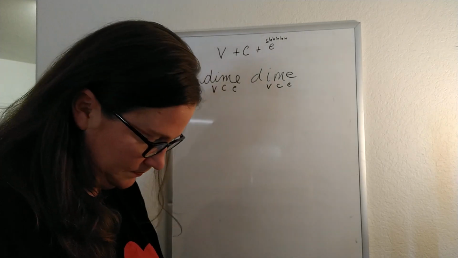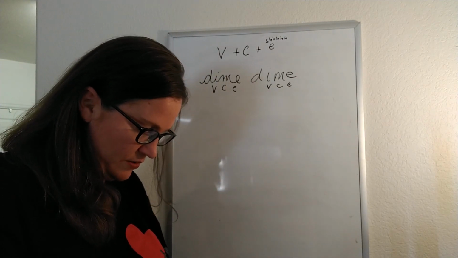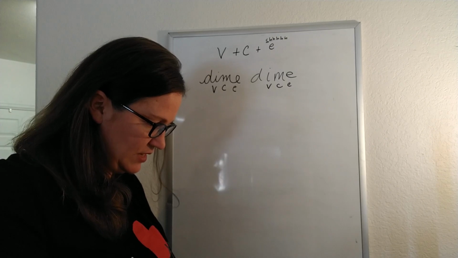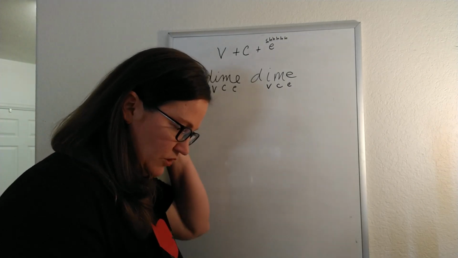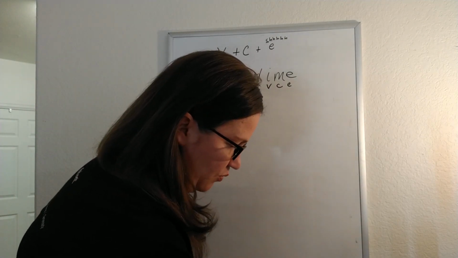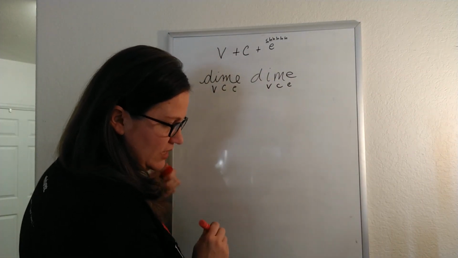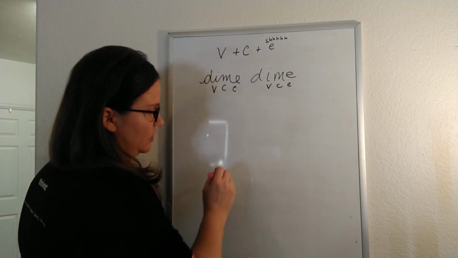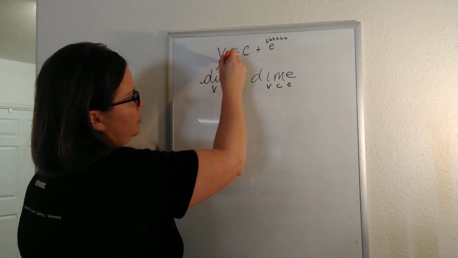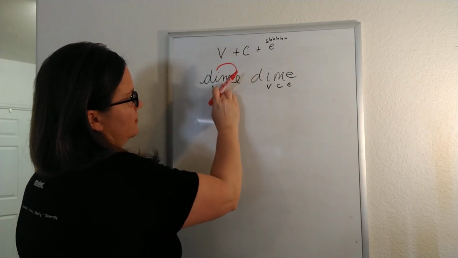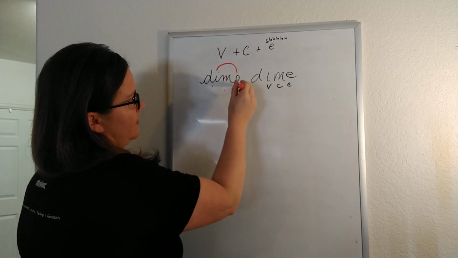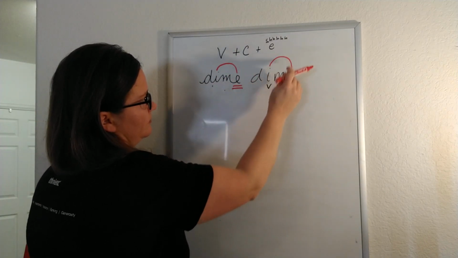So rule 1, the vowel sound changes because of the E. With red, using your red pencil, draw a bridge from the vowel over the consonant to the E and underline the E twice. So you're going to draw a bridge with red, and then you're going to underline the E twice.